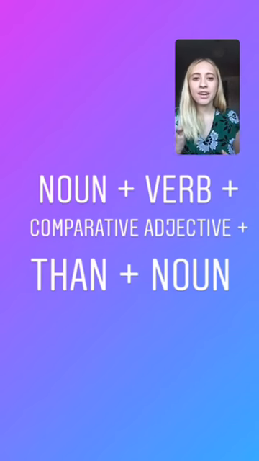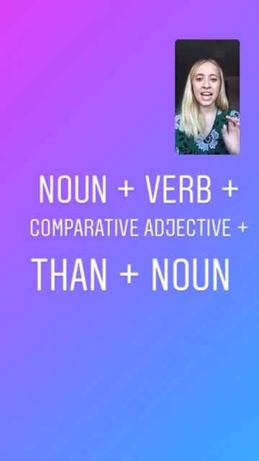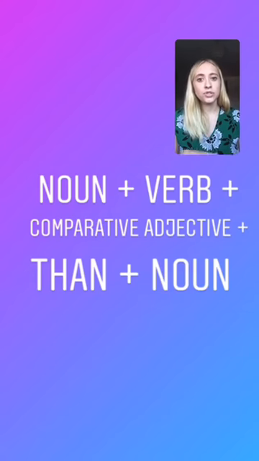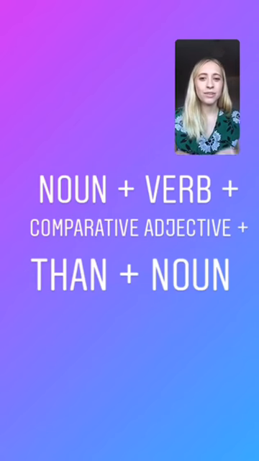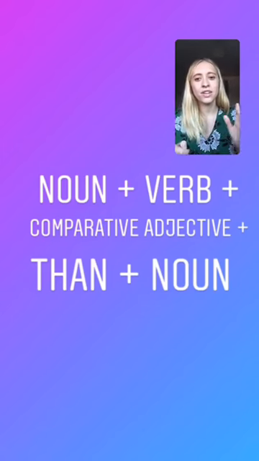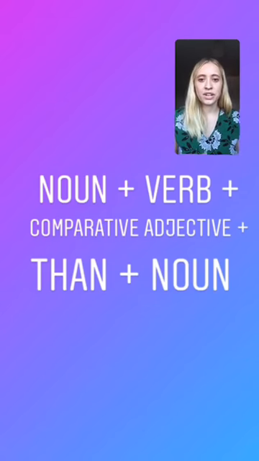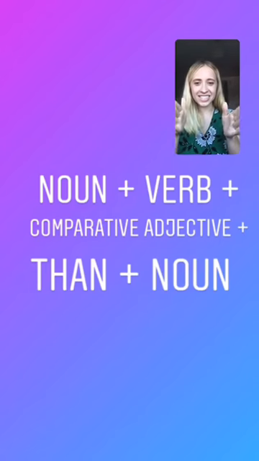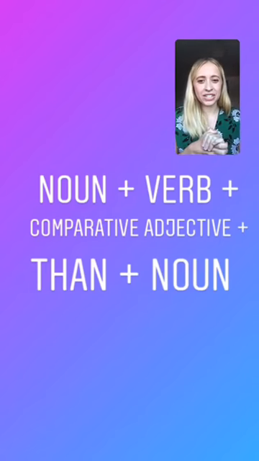So we have noun, verb, your comparative adjective, than, and noun. If we wanted to talk about, say, Spain and the UK, we would say that Spain is bigger than the UK. Spain is bigger than the UK. Looking at the comparative adjective in the sentence, this is what we need to learn.